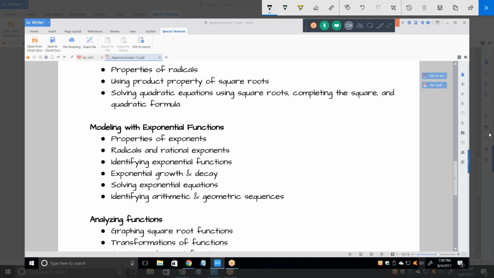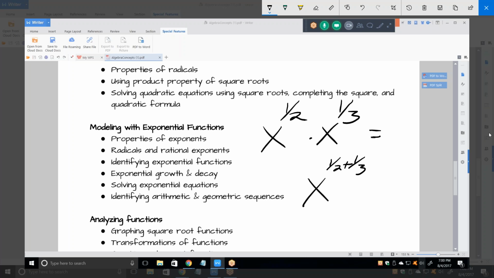Use product property of square roots. So let me just give you one more example. What's that equal to? That's the product, because I'm multiplying the base. So what do you do with the exponents? You would add them. Okay, so it's equal to x to the 1/2 plus 1/3.